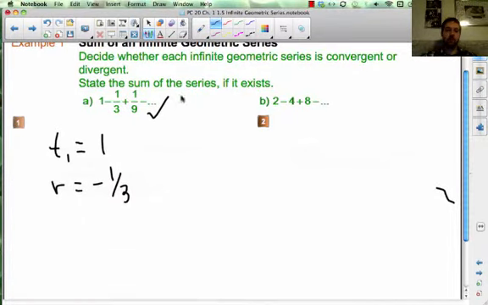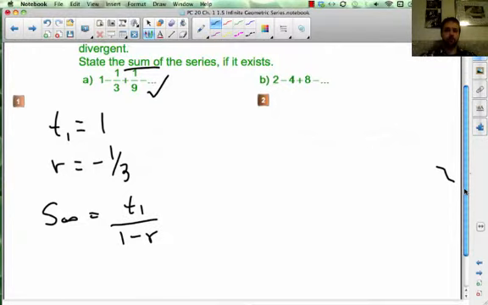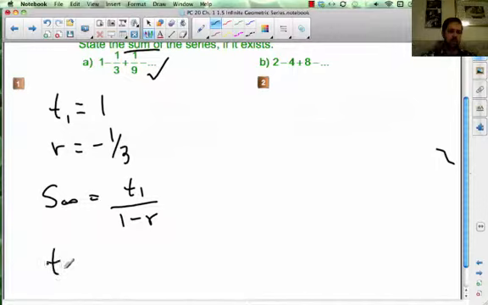So let's find the sum of that series because it does exist, and we know we can find the sum. S sub infinite is T1 over 1 minus r, which means that S sub infinite is 1 divided by 1 minus negative 1/3. Okay?